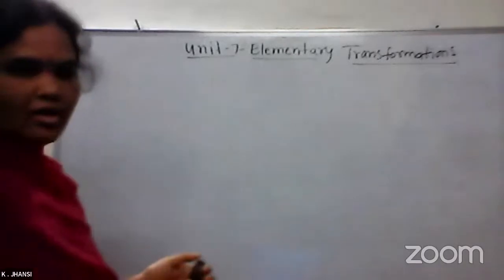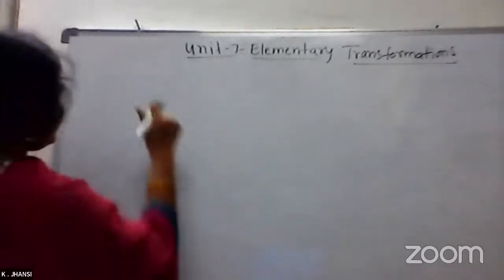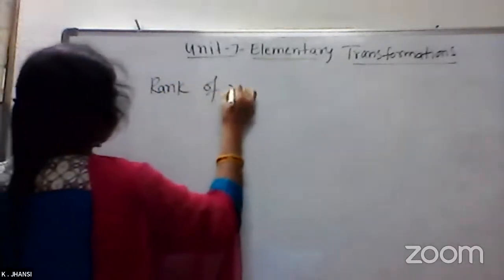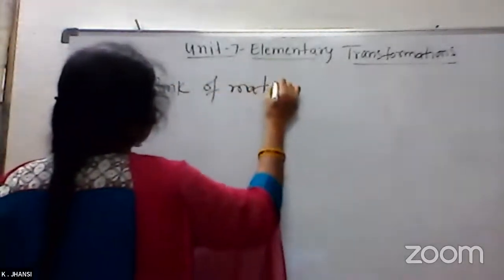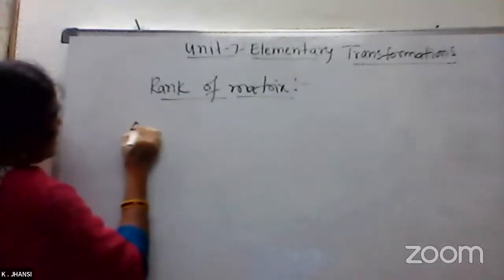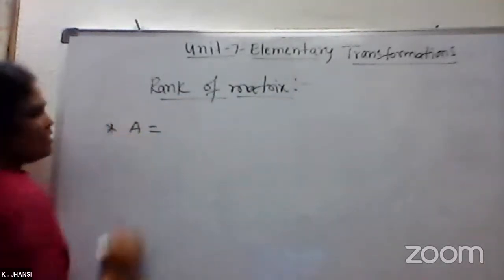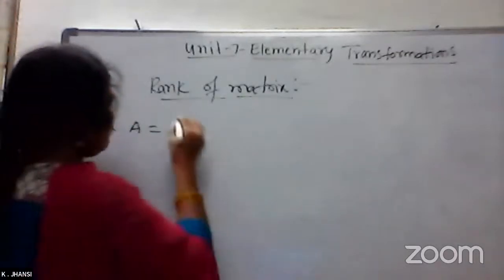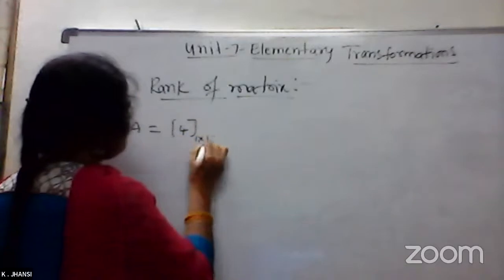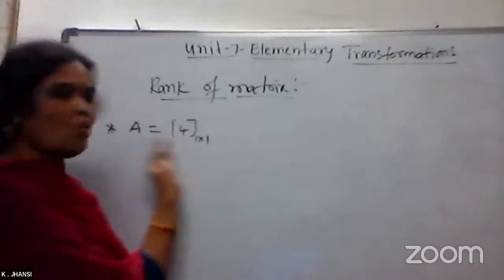And for an easy way to find the rank of the matrix: okay, if any matrix A is given and it has only one single element, it is called a 1 by 1 matrix. That is, it has one row and one column.